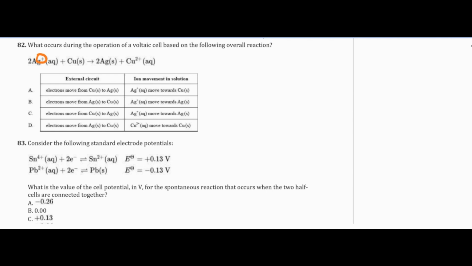And the copper is getting oxidized. So then that means the electrons will be moving from the copper, which is getting oxidized, to the silver. So that will be A or C. And the silver ions, they'll be moving towards the silver electrode. So that's C.